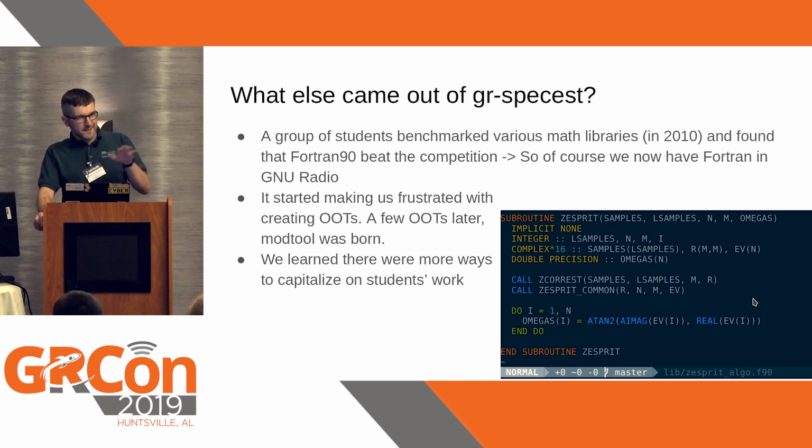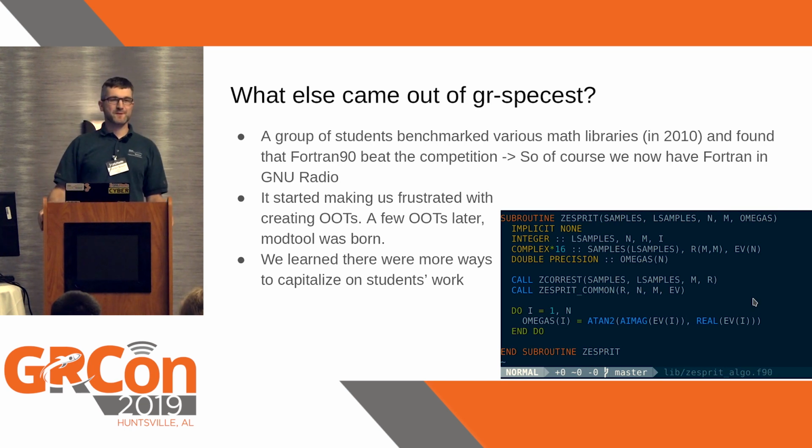I don't think the results are still accurate, so I don't want to quote those. But at the time, it turned out just running native Fortran was the fastest. So guess what? We had Fortran. It was Mo's fault, okay. Hey, Moritz. But we have running Fortran code. It still works. So we have Fortran code in GNU Radio, and I think that's pretty nice.